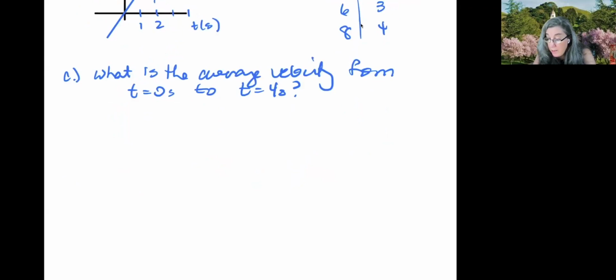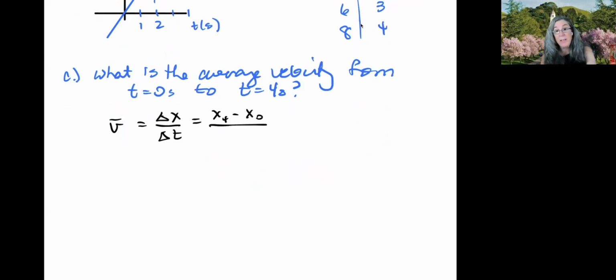We can use our equations, average velocity, delta x over delta t. I'm going to write it like this, x4 minus x0. As a way to keep track, I'm going to use the subscripts, just like I used them for final minus initial. Here I'm going to use them for 4 and 0.